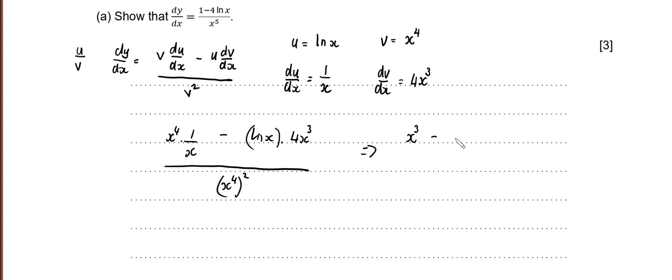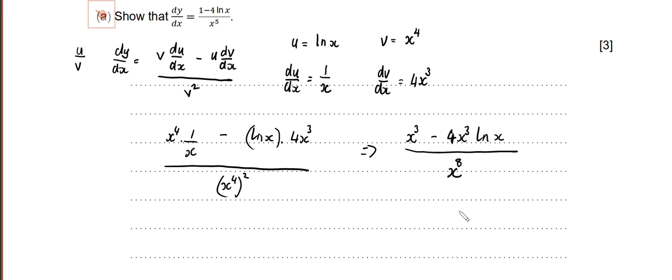So x to the power 3 minus, I'm going to write 4x cubed natural log of x, all of that divided by x to the power of 8. Good.